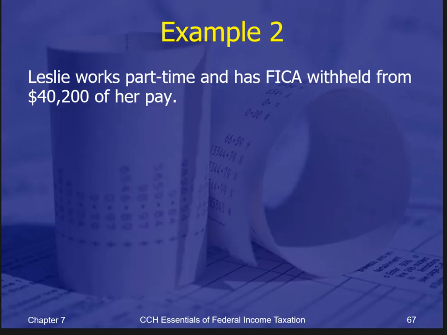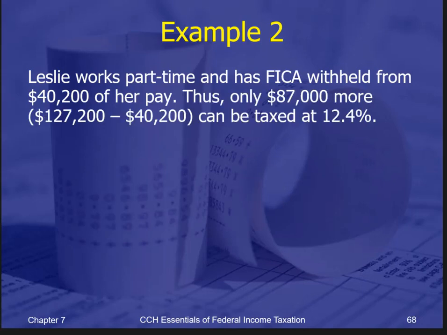All right, where it gets a little more complicated is if you have earnings elsewhere other than your self-employment or other than your business. So Leslie has income from her job, 40,200, and there her employer has already withheld Social Security taxes.